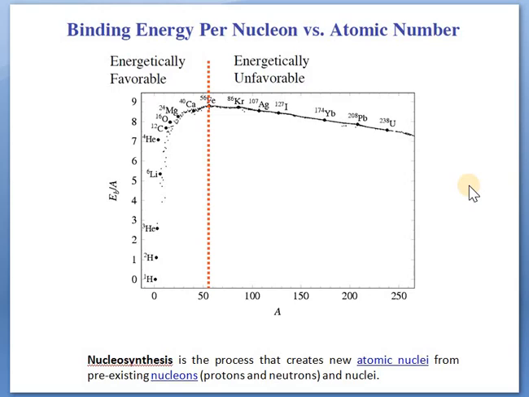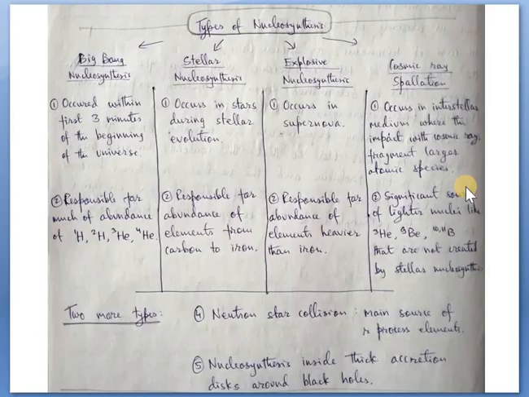Now, regarding nucleosynthesis, it has several types. The first is Big Bang nucleosynthesis, also known as BBN. This occurred within the first 3 minutes of the beginning of the universe and is responsible for much of the abundance of these elements, the existing hydrogen and helium.